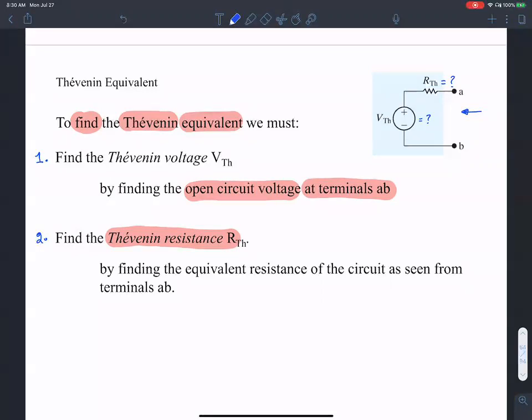But for now, just bear in mind that there are two steps to finding a Thevenin's equivalent circuit: find the Vthevenin, find the Rthevenin.